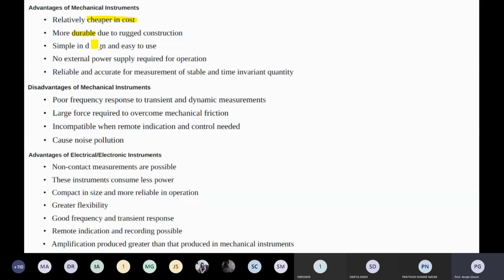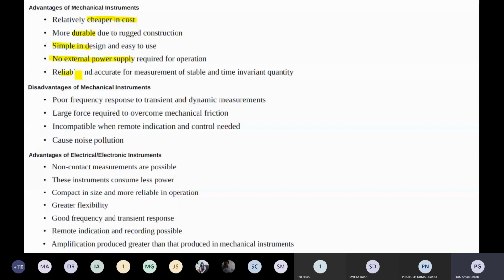So the provision of breakdown of the instrument is quite less compared to electrical and electronic instruments. It is simple in design, definitely. Another one is that no external power is required, so an additional power requirement is not there for a mechanical instrument.